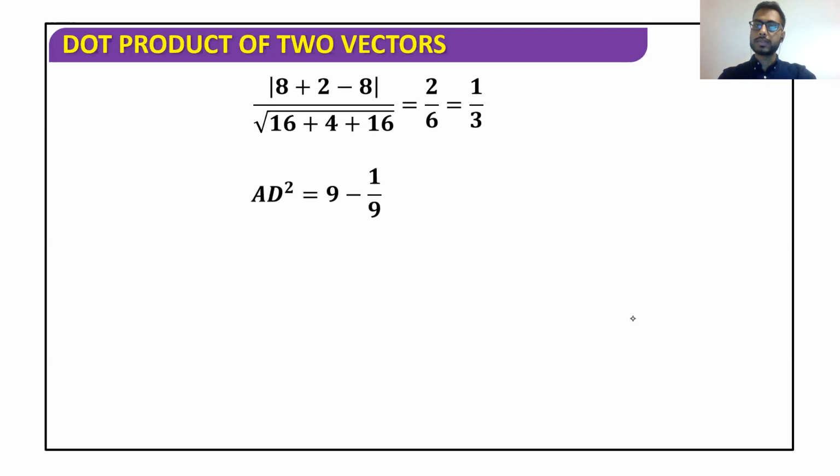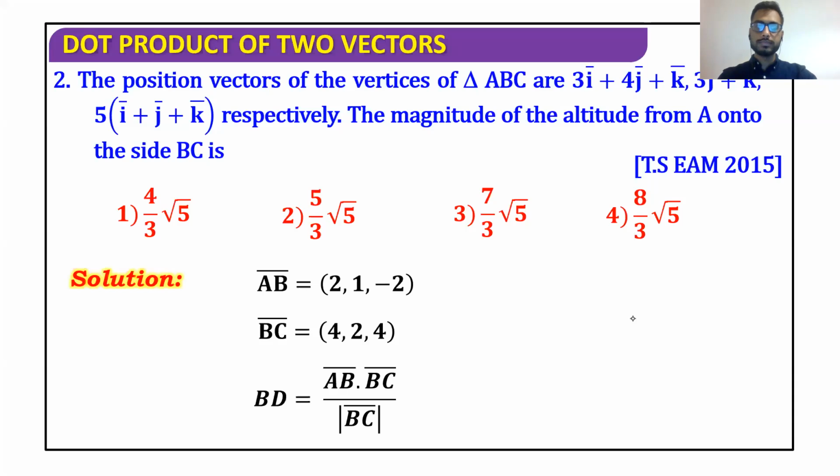And by using the Pythagoras theorem, I can say that AD square is equal to my previous term, which is BD square plus AB square. How can I get AB square? AB bar is 2i plus j minus 2k. So AB is going to be under root of 2 square plus 1 square plus (minus 2) square. So that's under root of 9.